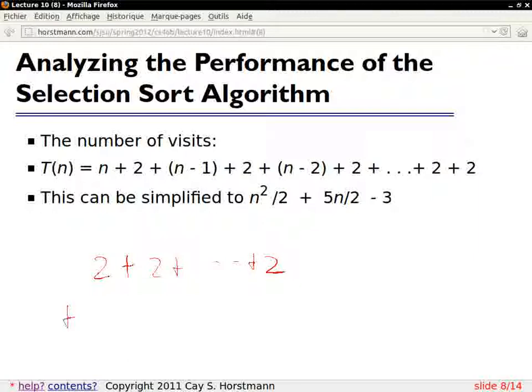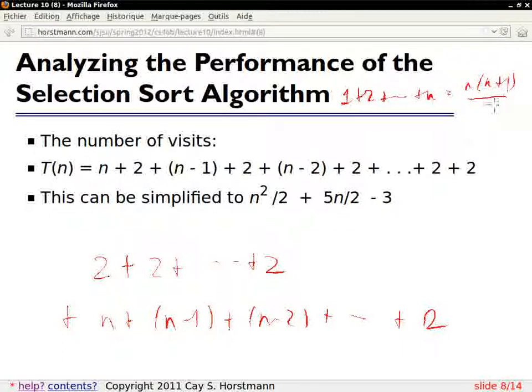And then afterwards, I'll group the n plus n minus 1 plus n minus 2 plus and so on. So that's the first terms here. Now, you'll recall that the sum, let me not use the sum notation as to not be hostile, 1 plus 2 plus and so on plus n is n times n plus 1 over 2.